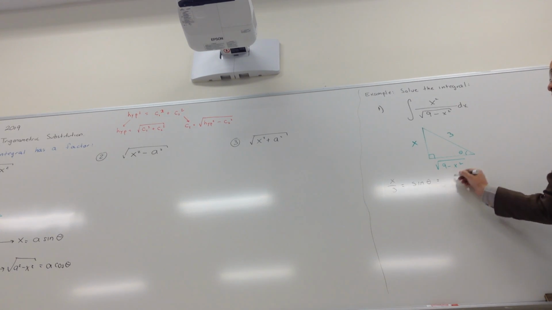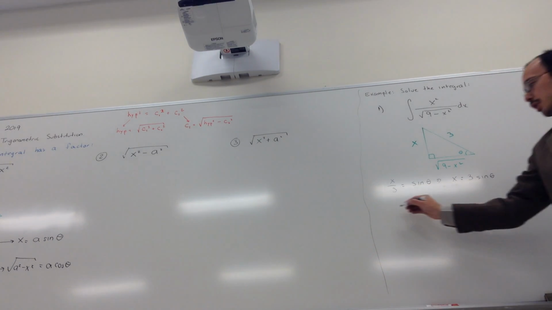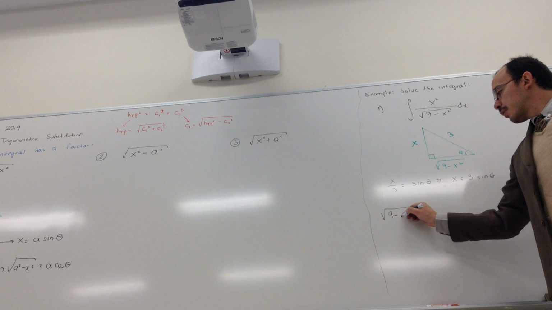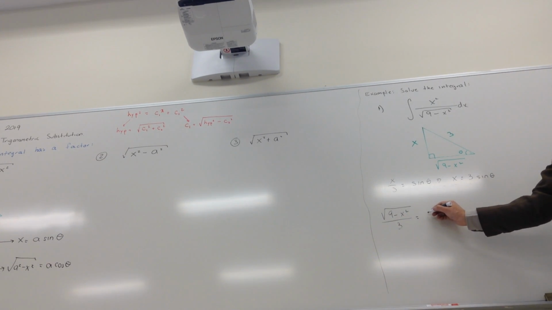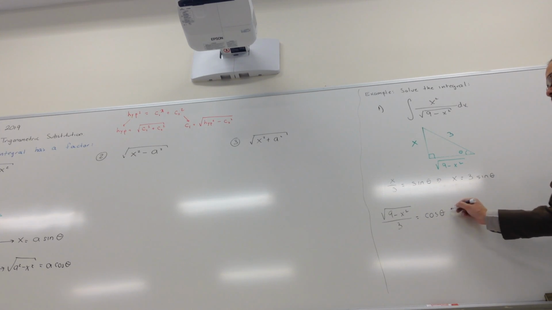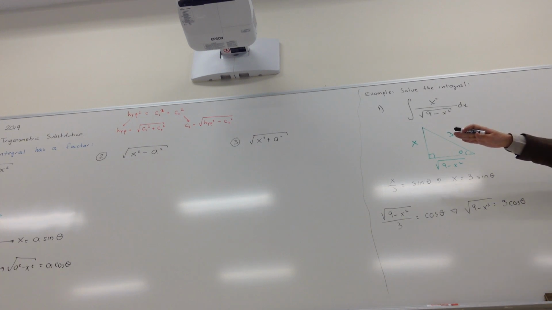Sine of theta. Therefore, x is equal to 3 sine of theta. The square root of 9 minus x squared over 3 is equal to cosine of theta. Therefore, the square root alone is 3 cosine of theta. Do you get that? Same thing as I did there.